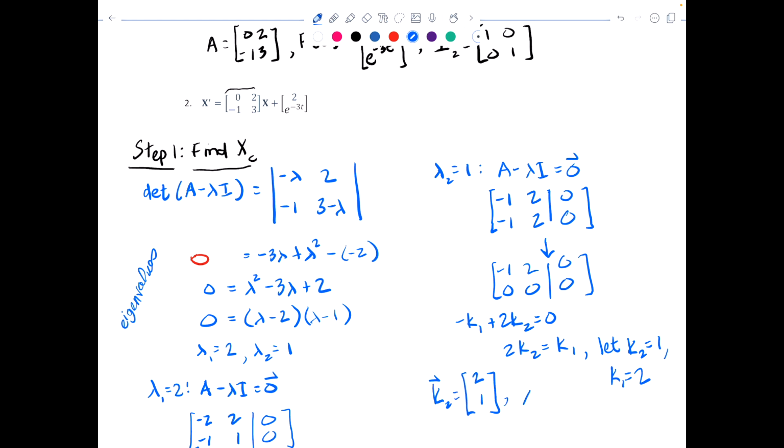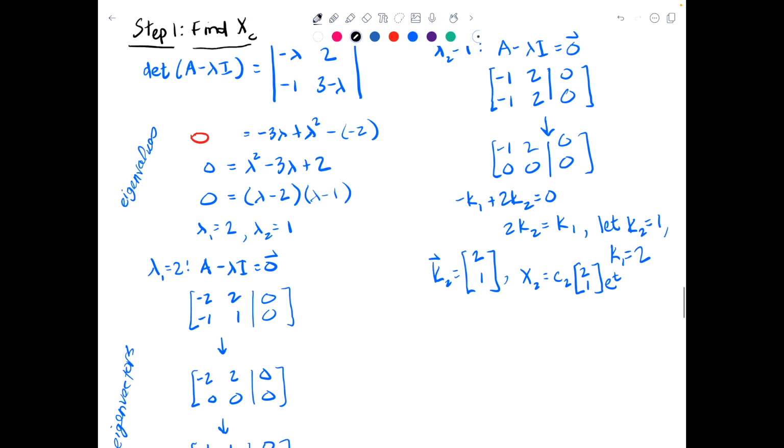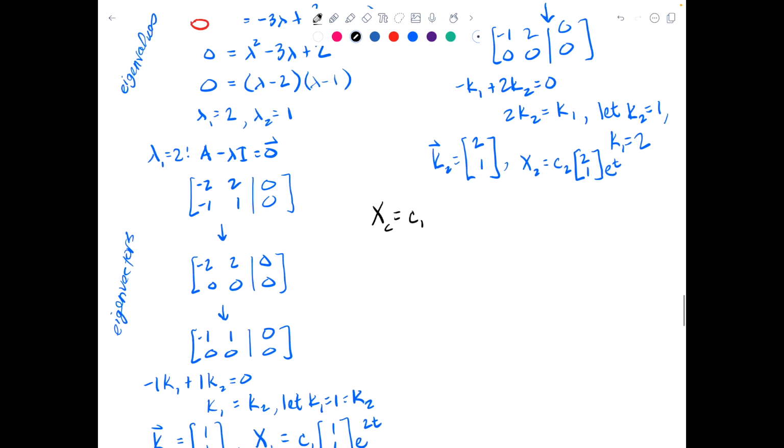And then capital X2 is going to be C2 times the vector 2, 1 times e. What was our eigenvalue? It was 1, so times e to the t. So here we go, we found xc. xc is equal to c1 times 1, 1 e to the 2t plus c2 times 2, 1 e to the t.